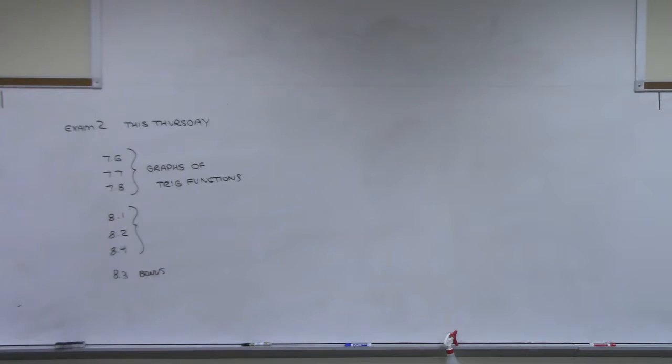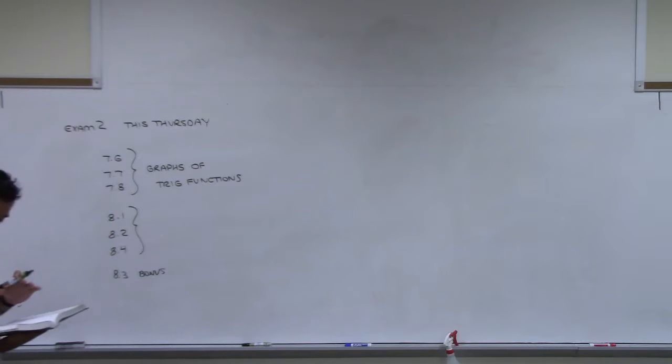All right, so in terms of graphing trig functions, let's talk about what sort of problems you might see, something that I think is doable. I'm looking at the chapter review right now, on page 600 in the book.